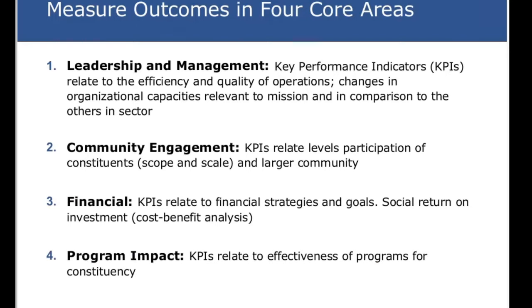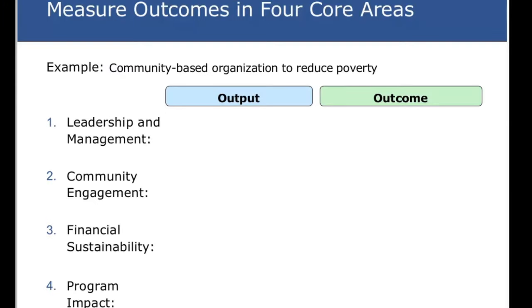Program impact outcomes and key performance indicators relate to the effectiveness of your programs for the populations that you're serving. So this is where we'll take a more deliberate focus after we cover some examples of the outcomes on the 4 key areas.